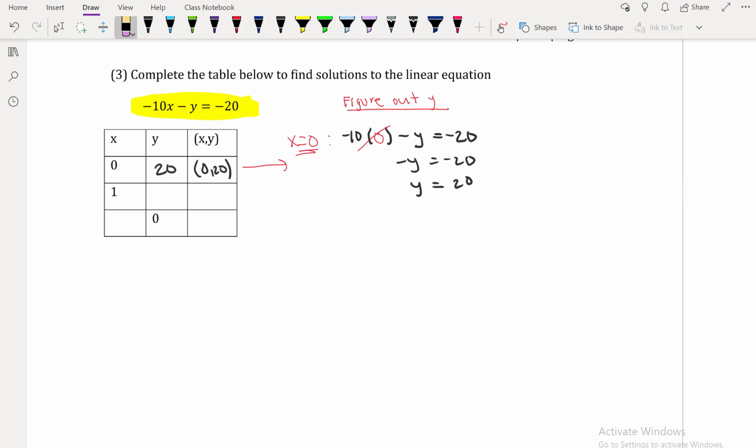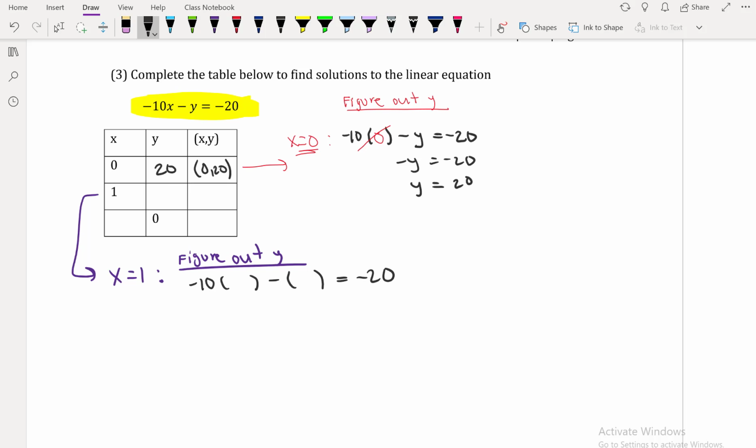Now they want us to try to do the same thing with equation number 2. So this is saying that x is equal to 1. So I need to figure out my y value. So again, I still have the equation negative 10x minus y is equal to a negative 20.